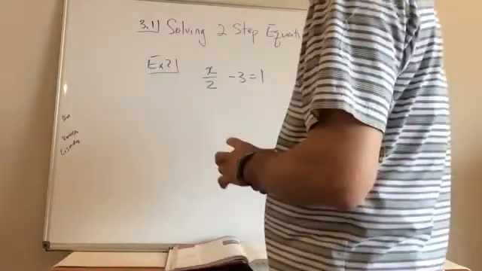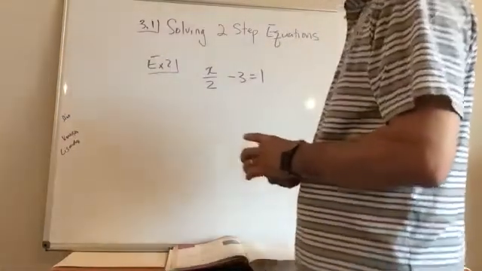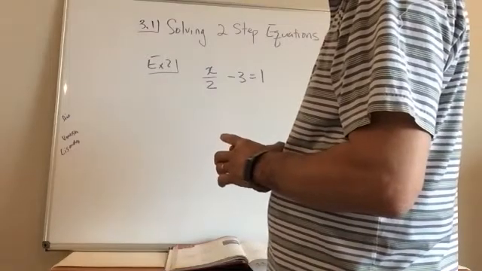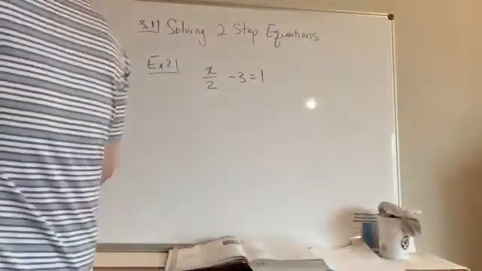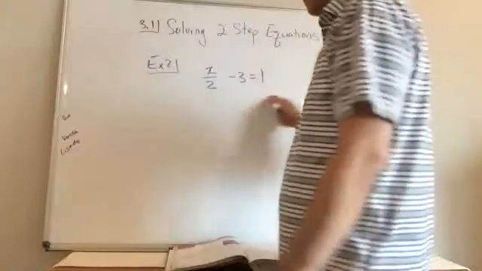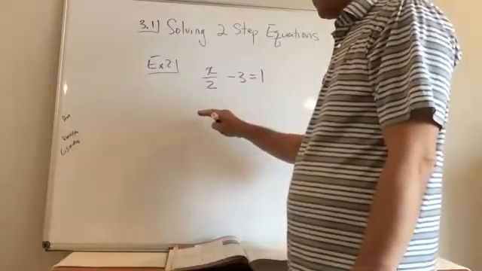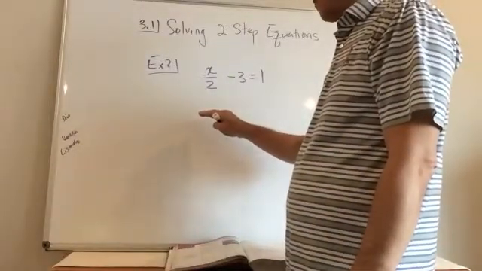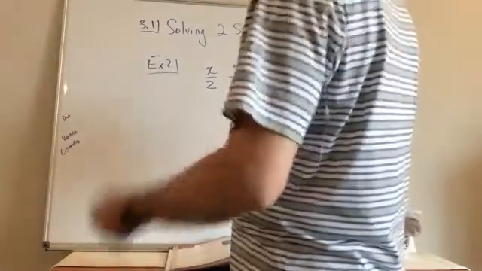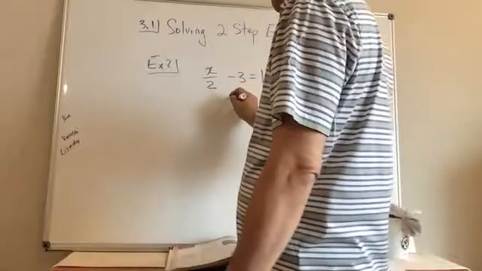Ryan, how would you do this? What would be the first step here? You would want to add 3 on both sides, right?